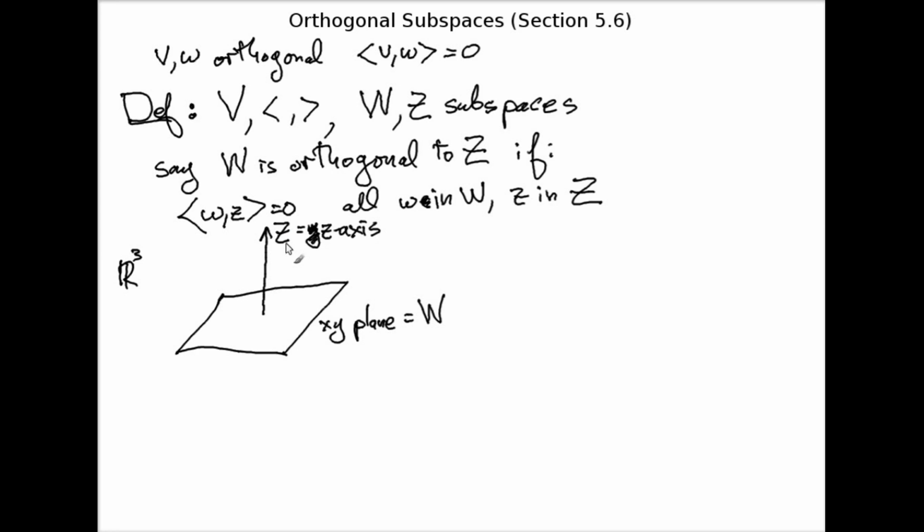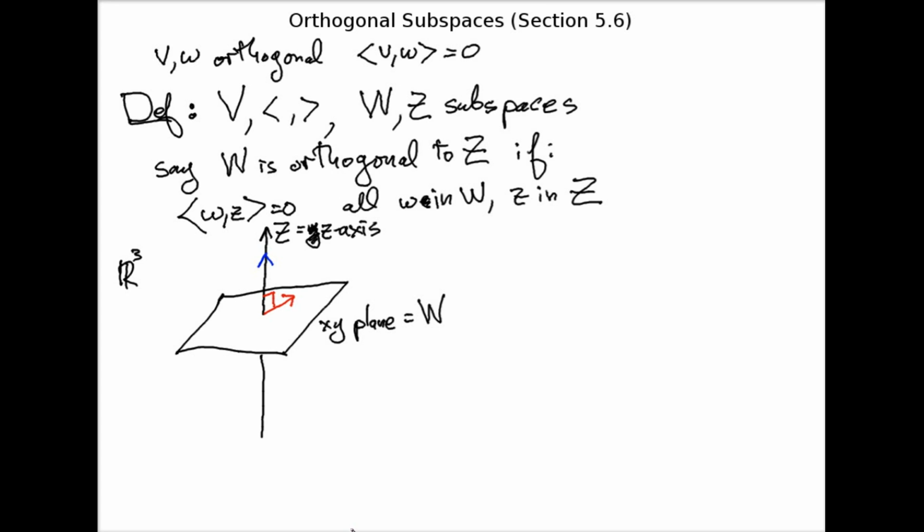Then Z is a one-dimensional subspace, W is a two-dimensional subspace, and they are orthogonal. Why? Well, if you take any vector in Z and any vector in W, then they're orthogonal. Fair enough? Okay.